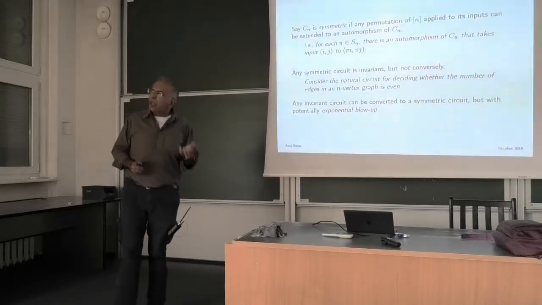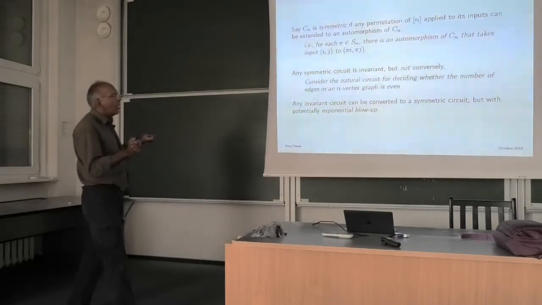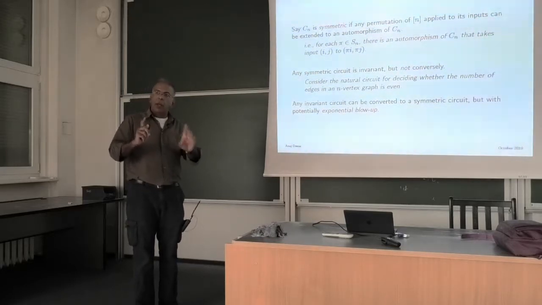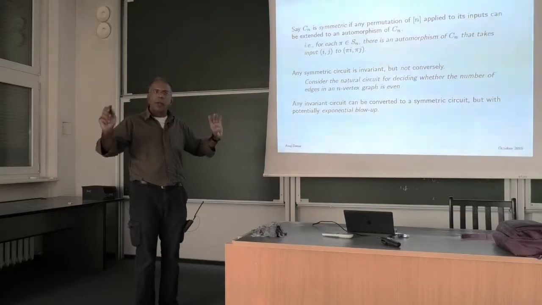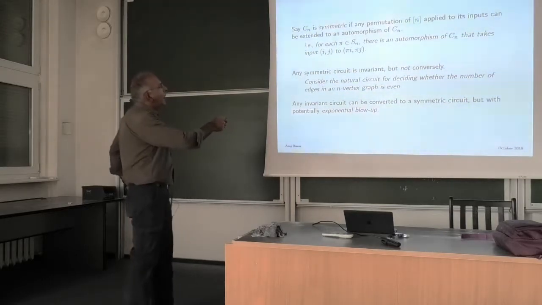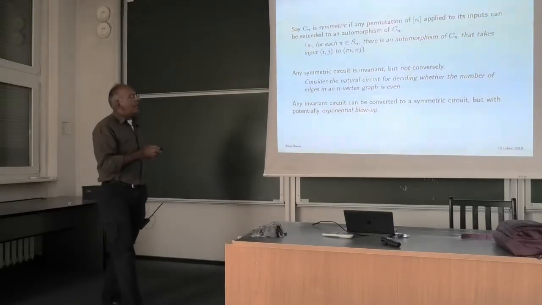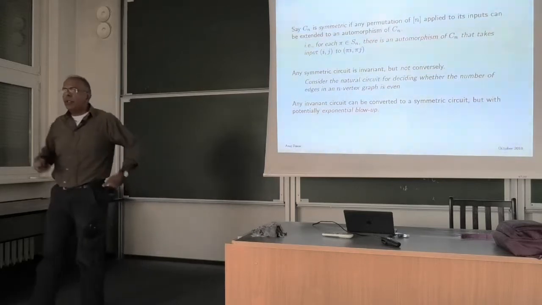And I gave you a third definition, but I didn't tell you why this gives us something similar, and this is what we're going to do. One of the things we will do today is see how symmetric circuits relate to fixed point logic with counting. So, we have a circuit. A circuit takes as input some relational structure.